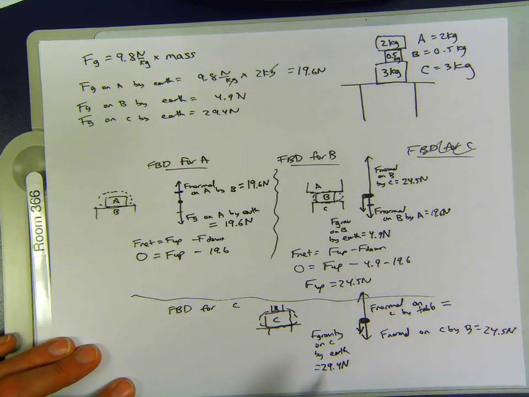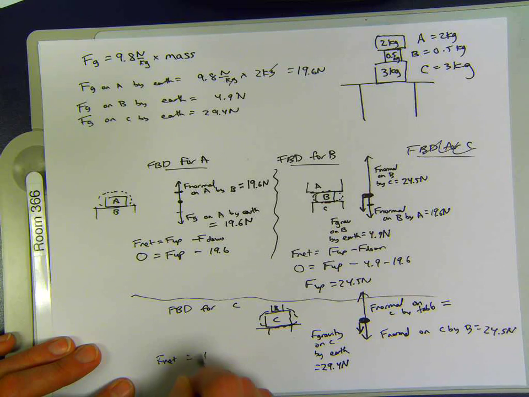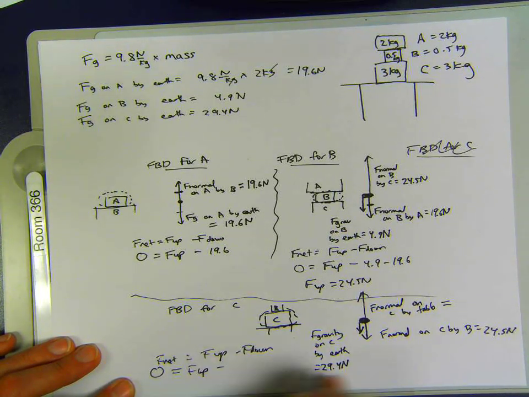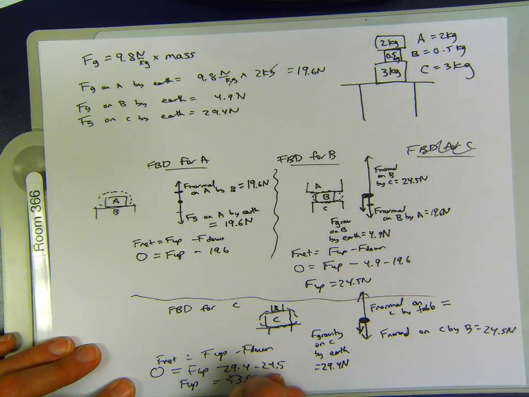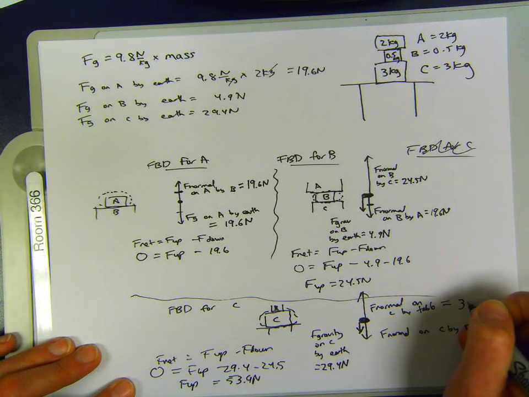Then I can do a similar thing as in the last problem: F net is the up force minus the down force. It's balanced forces, so there's no unbalanced force. I don't know my up force, and I have two down forces, 29.4 and 24.5. When I finish solving, my up force works out to be 53.9 newtons, and that's the normal force on C by the table.